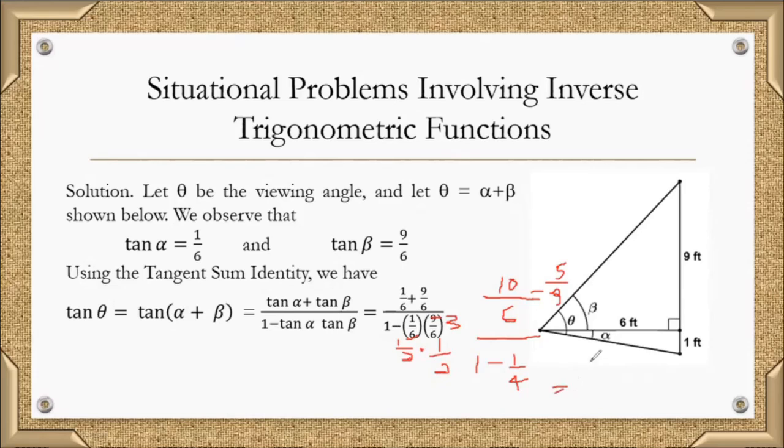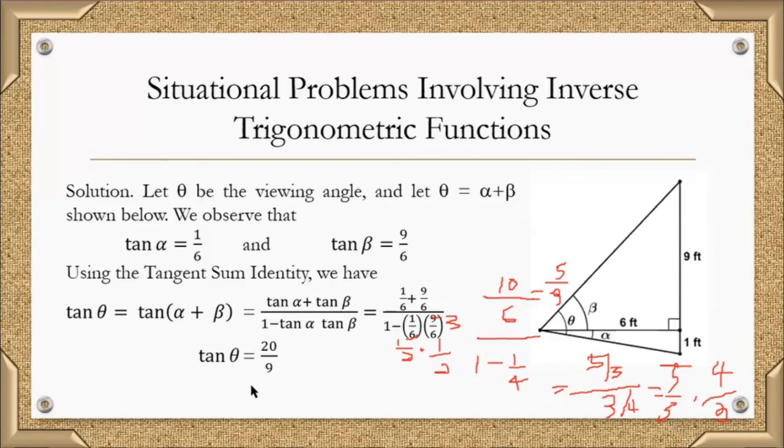So magiging 5 over 3 over 3 fourth. Cancel na yung, may mga cancel ba? Kasi magiging yun eh, 5 over 3 times 4 over 3. Kaya magiging 20 over 9. Ayan. So, ang tangent theta natin ay 20 over 9.